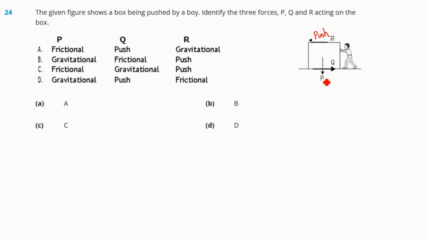Downward means P should be gravitational. And Q, you can see it is acting on the opposite side of the force that the person is giving. So Q is definitely the frictional force. So our correct answer should be option number B.